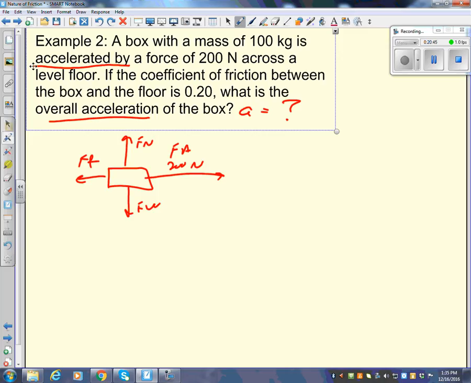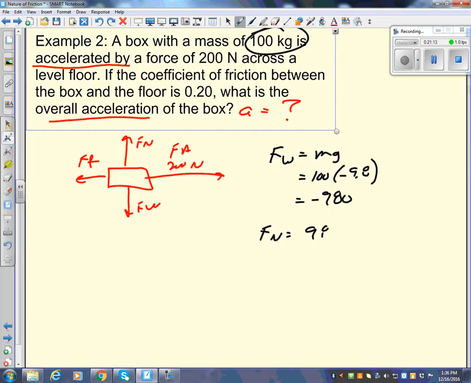We're going to convert that 100 kilograms, that mass, to newtons. So FW is equal to mg. Minus 980, right? Which makes our normal force equal to positive 980.